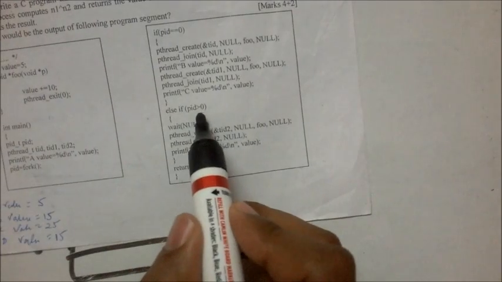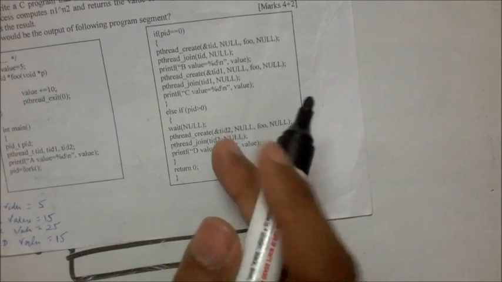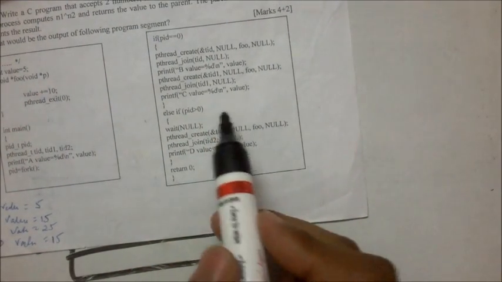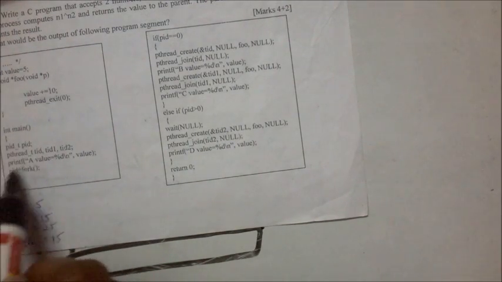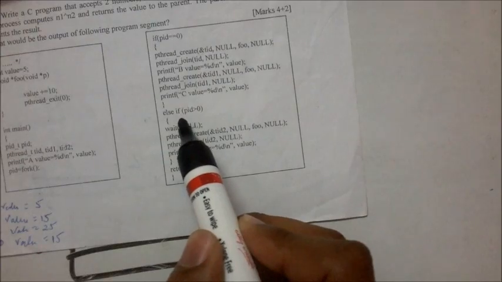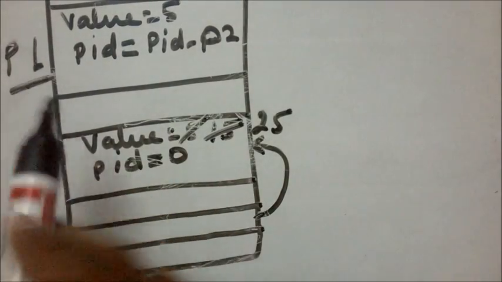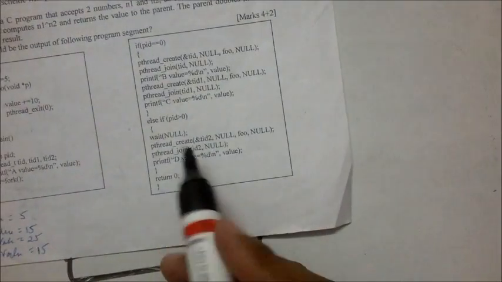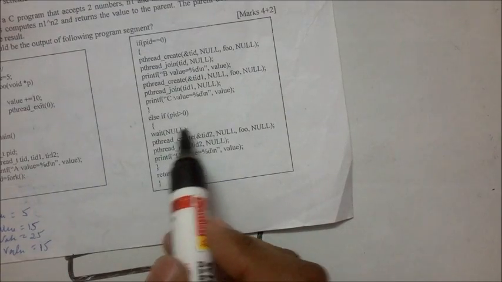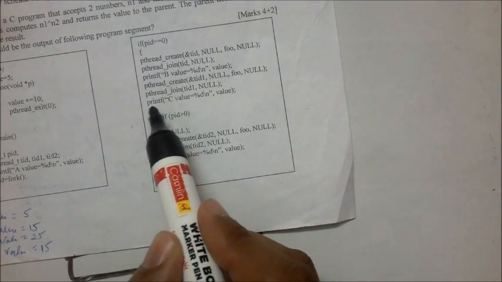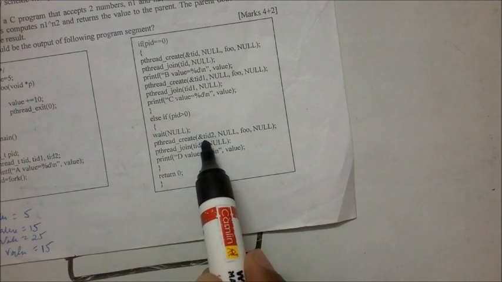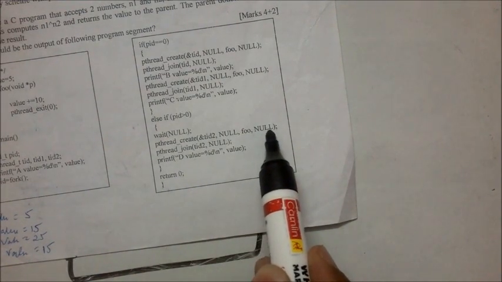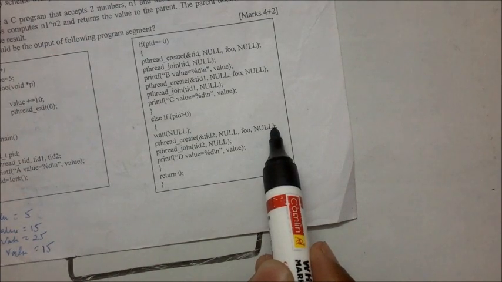and else if pid is greater than 0, then that means we are talking about the parent process, that is the original process. So if we are talking about the parent process, that is our P1, wait NULL, so it will wait for its child process to terminate first, and then pthread_create tid2 NULL foo NULL, right?